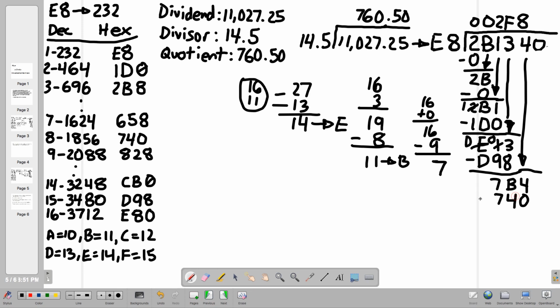And then we subtract. And so 4 minus 0 is 4. When we subtract 4 from B, that's the same thing as saying 11 minus 4, which is going to give us a value of 7.